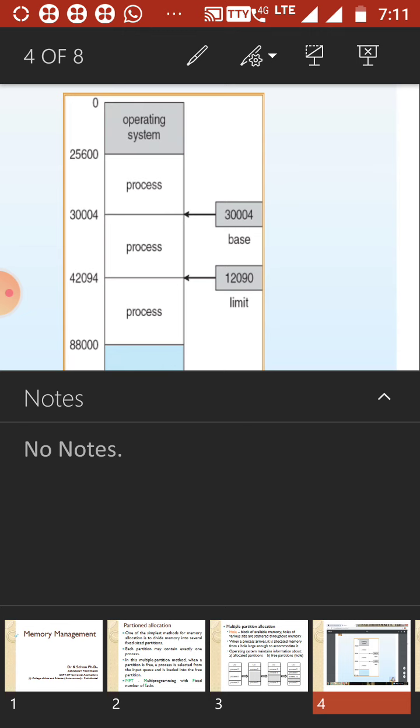In this location the instruction is available, and that instruction is going to be fetched and passed to the ALU. Here two registers are used, the base register and the limit register. The base register always contains an address, that is the starting address of one program, and the limit register contains the size of the program.